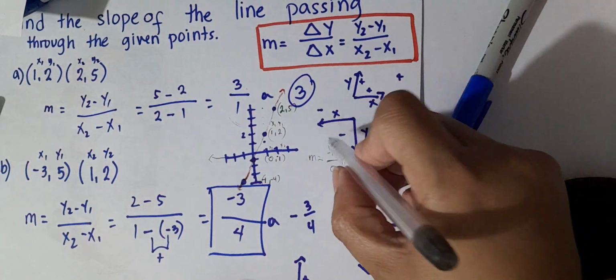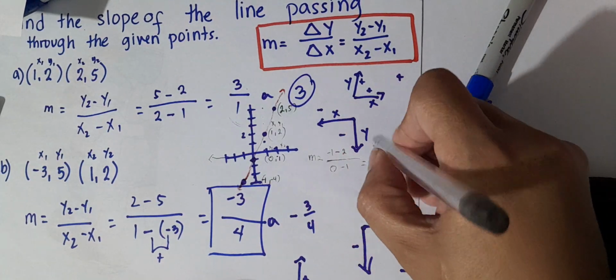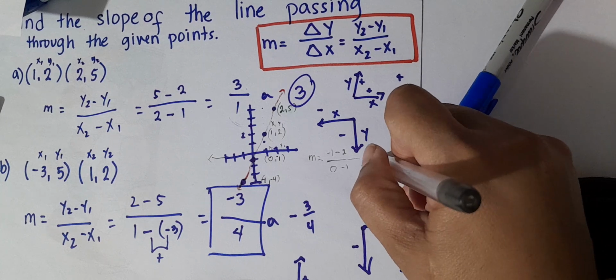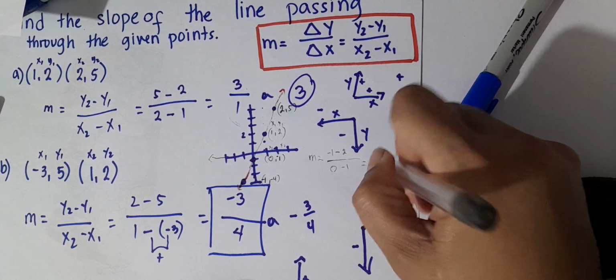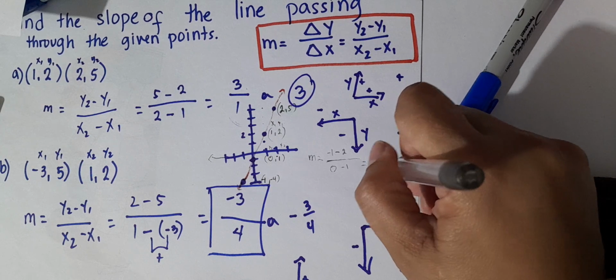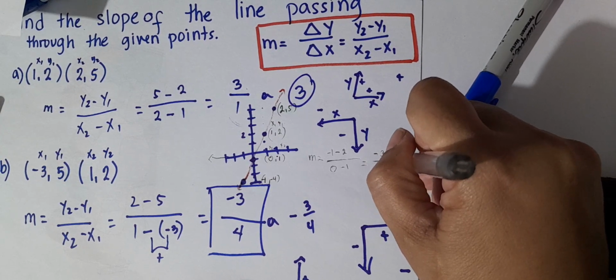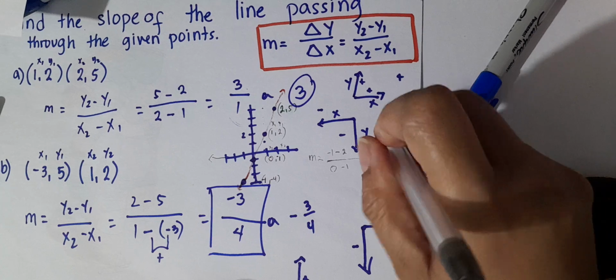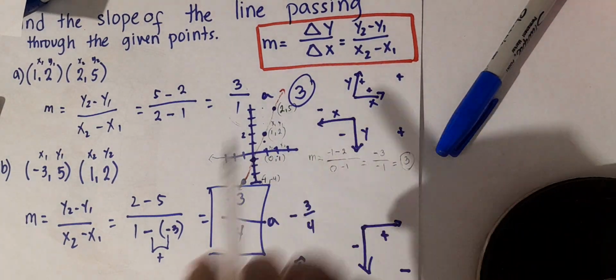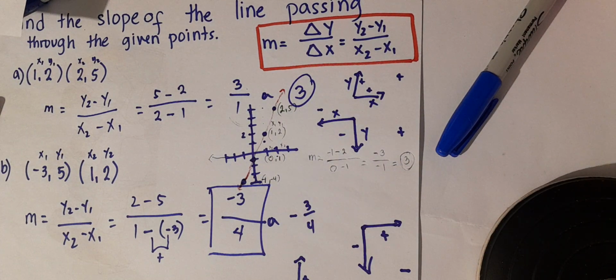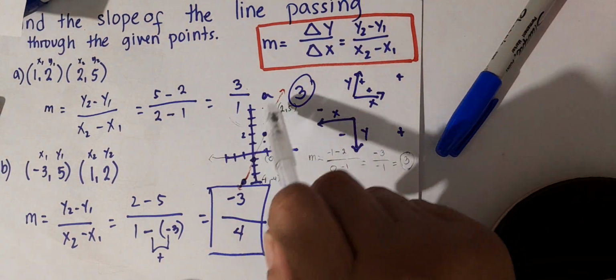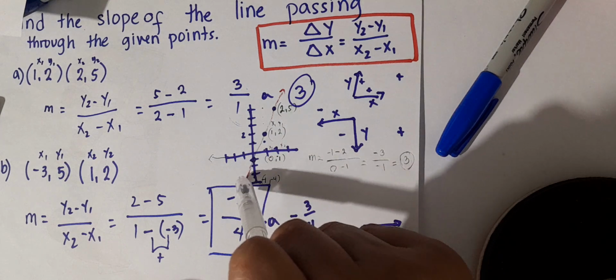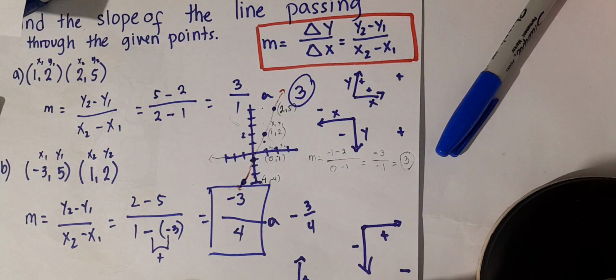If we combine this, negative 1, negative 2, the answer will be negative 3 over negative 1, which is, when we are dividing negative by negative, the final sign will be positive, and that will be 3. If you try to check, 3 and 3, they are the same. Okay? Same as the other one. So if you know the slope of a line, you have to remember that in every point here, the slope should be the same.